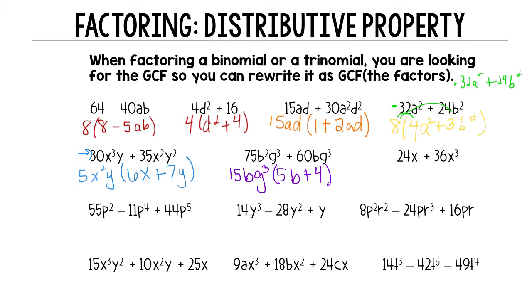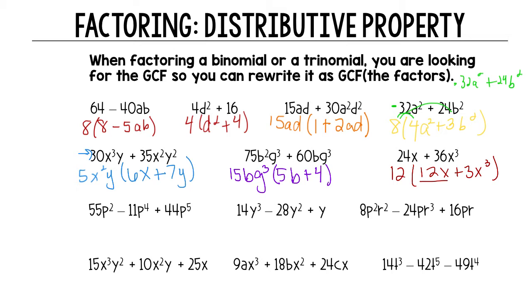24x plus 36x cubed. I can take 12 out. Just kidding. I'm left with 12x plus 3x cubed. Oh, now look, I made a mistake. I'm glad I did though, because two things: I multiplied wrong.